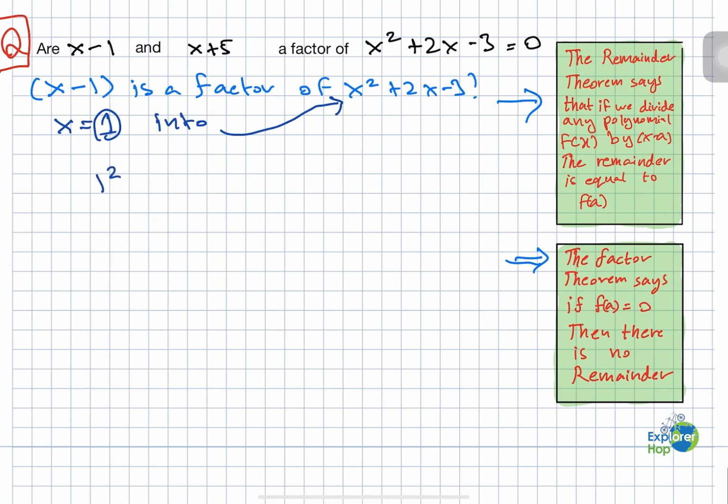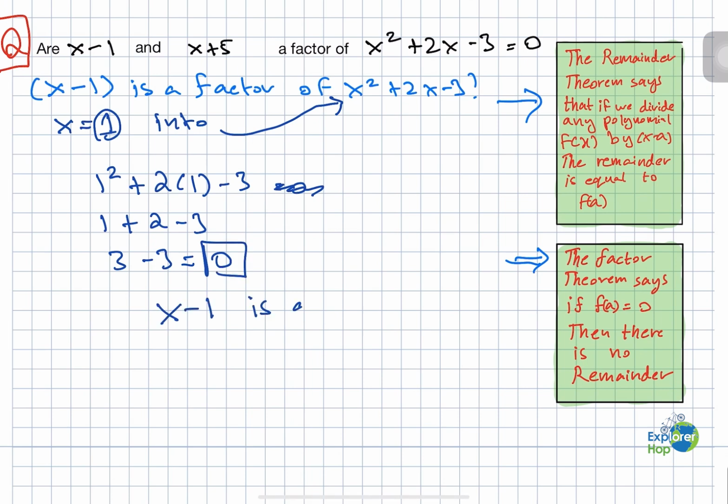So 1 squared plus 2 times 1 minus 3, does that equal 0? Let's see if that gives us 0. So 1 plus 2 minus 3, 3 minus 3 equals 0. So therefore, x minus 1 is a factor of x squared plus 2x minus 3.